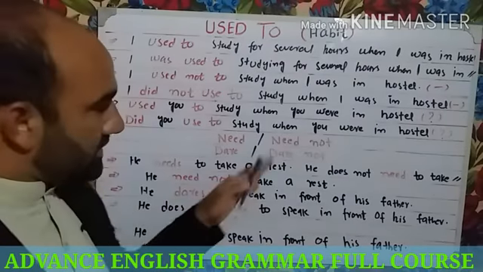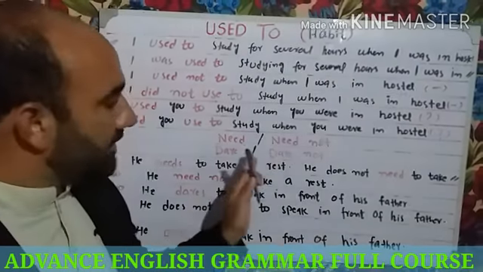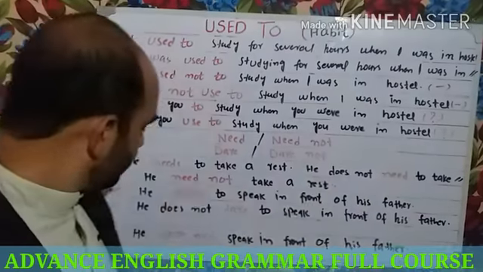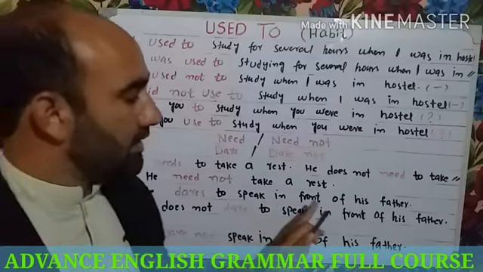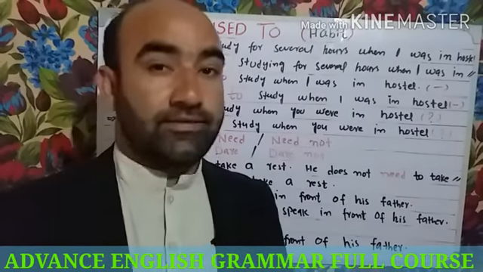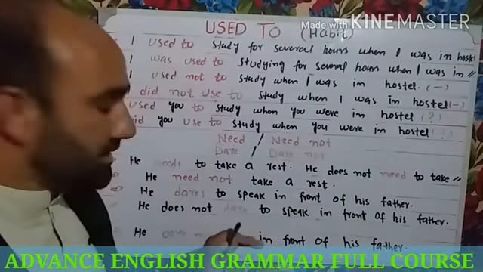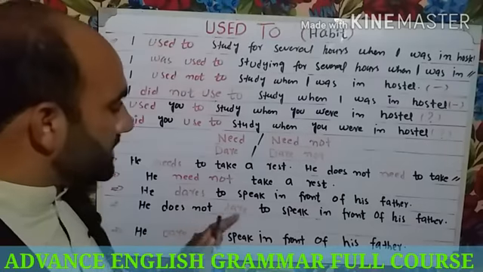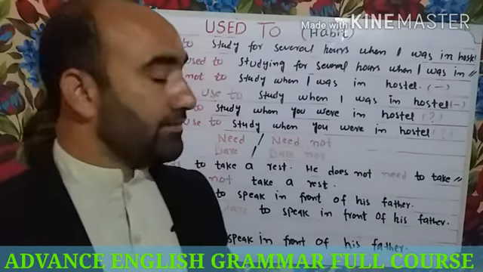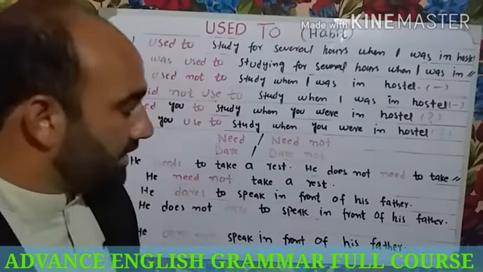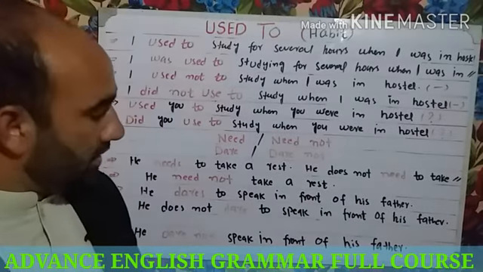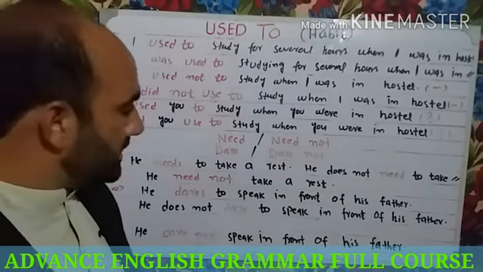Let's talk about dare, dare not. He dares to speak in front of his father. The positive sentence. Negative: he does not dare to speak in front of his father. This is the first way of converting the positive sentence into negative.